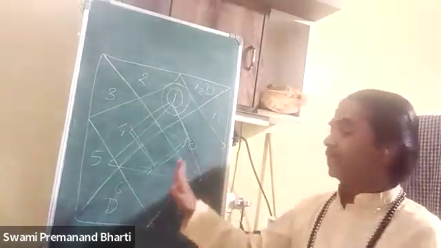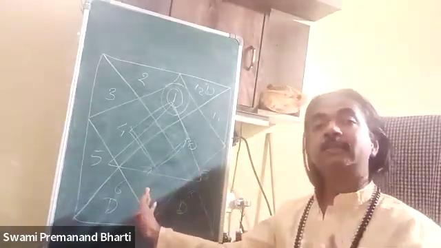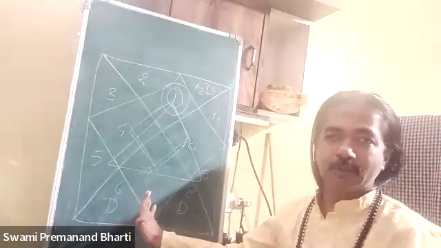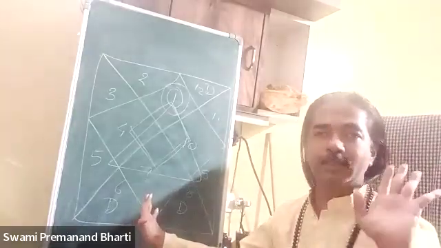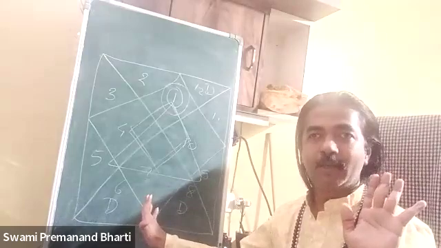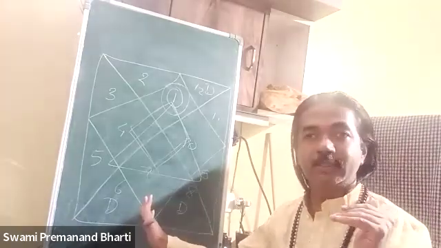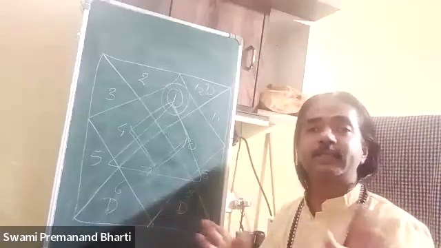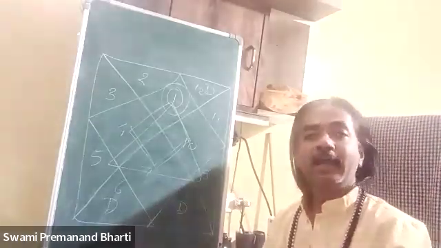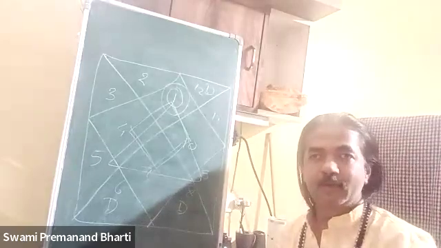Correct? The sixth house is considered evil. This is our projection on the sixth house. The sixth house has its own importance. It is considered evil because it represents obstacles in life, any kind of obstacles.